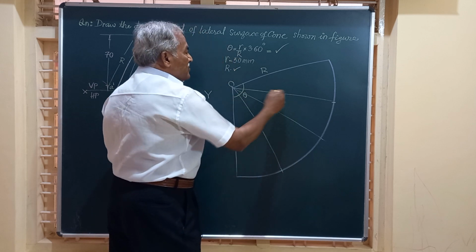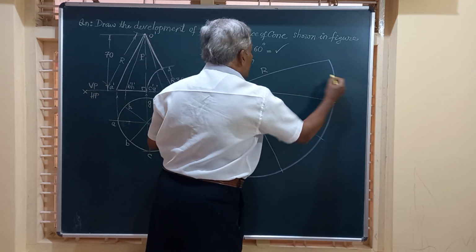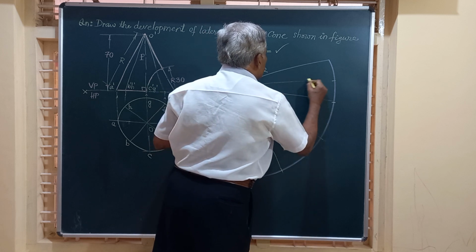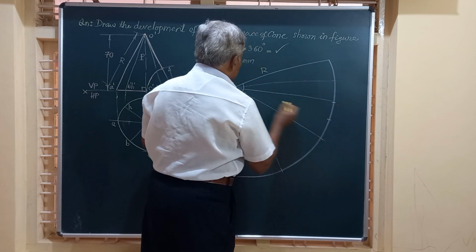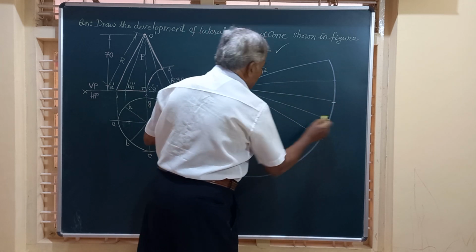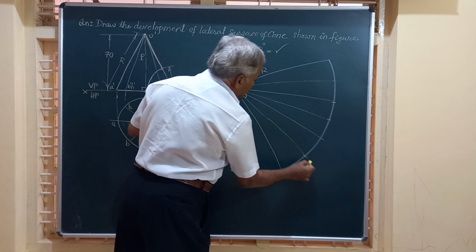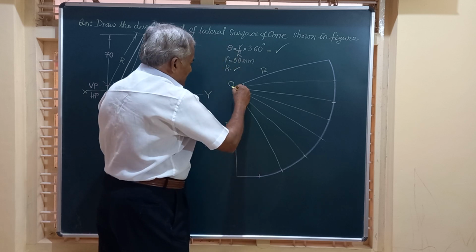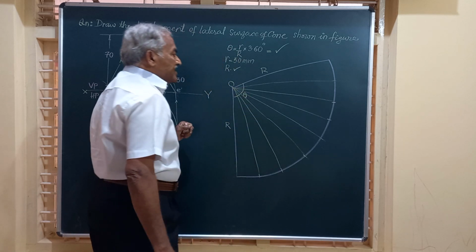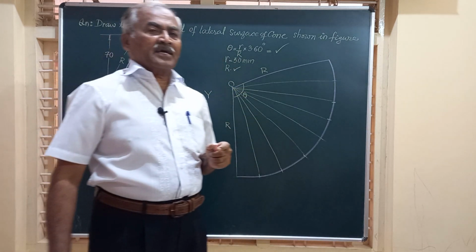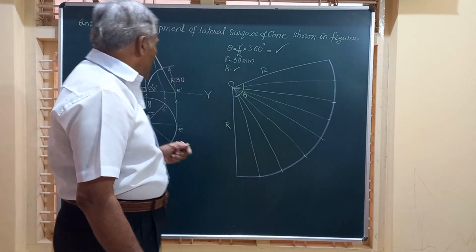Now divide into 4 equal parts. Once again, in between these two, we write some more lines exactly in the center and obtain the number of divisions, that is 8. So friends, this is how we have divided this sector having angle theta into 8 equal parts.